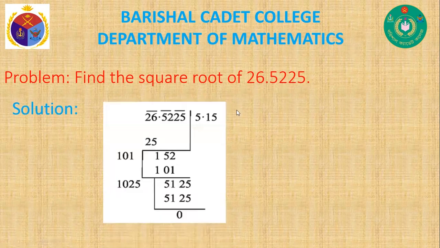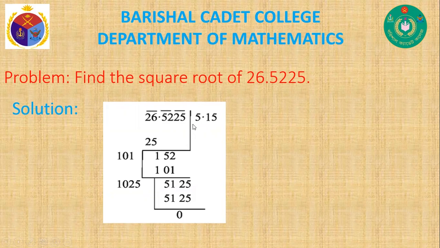Here is 26.5225. Before the decimal point, here are two numbers, 2 and 6, and by these two numbers we have made a pair. After the decimal point, again we have 52 and 25. So according to the process, we have made two pairs, 52 is one pair and 25 is another pair.